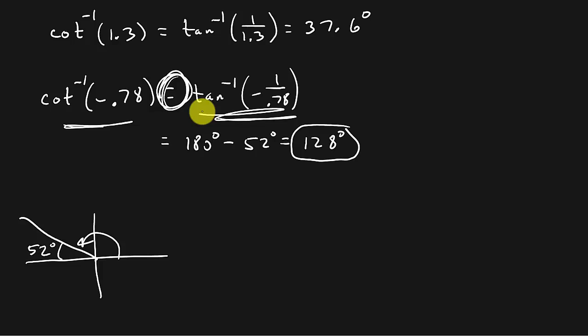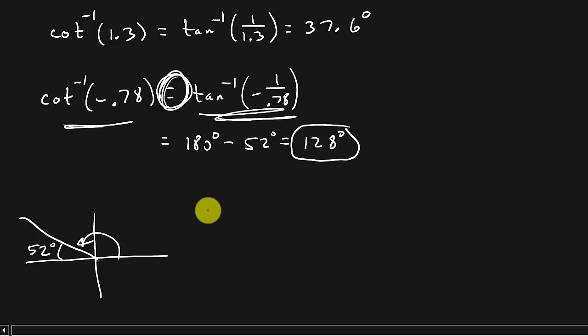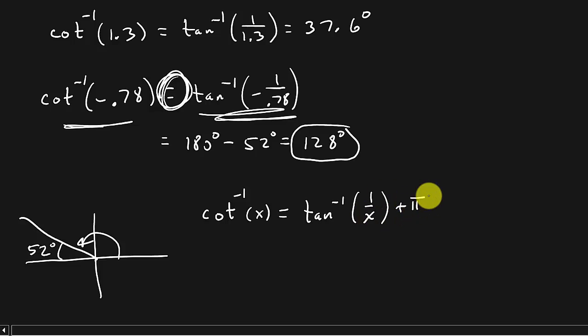There's actually a formula that they put in the books, that says that if you have the inverse cotangent of x, that is equal to the inverse tangent of 1 over x plus pi, and that's when x is less than 0. Okay? There's this formula.